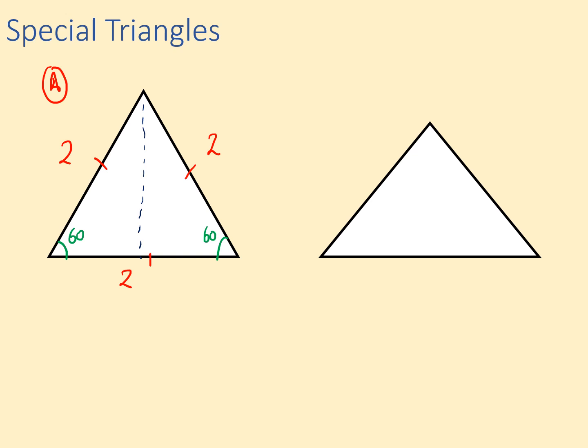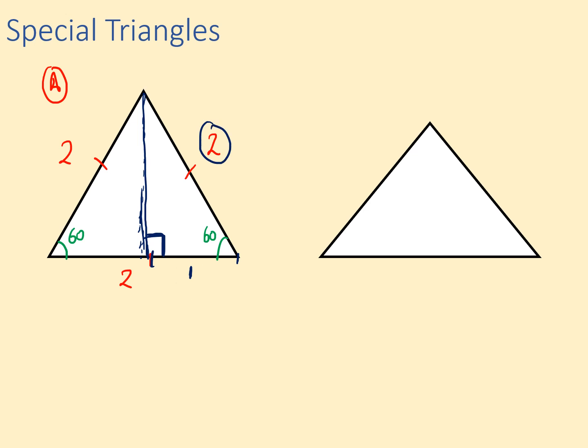And that blue dashed line, let's make that one a bit more solid, cuts this triangle in half, which makes this new side length along the bottom 1. And the height of this triangle, using Pythagoras, because I've made a right angle triangle, is 2 squared, take away 1 squared, which is 3.